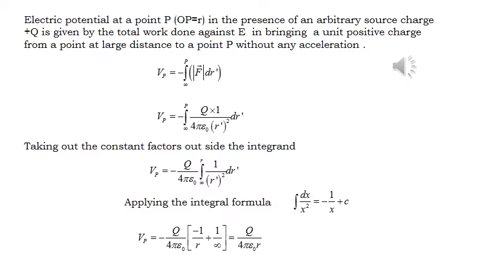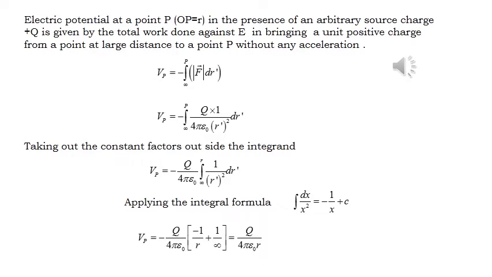From infinity to P, in the second step we replace mod of F vector equal to Q by 4 pi epsilon naught R dash square. In the third step, the constant factors within the integrand are taken out. So what are the constant factors? Q by 4 pi epsilon naught is taken out as a common factor, and we have kept only 1 by R dash square within the integral.